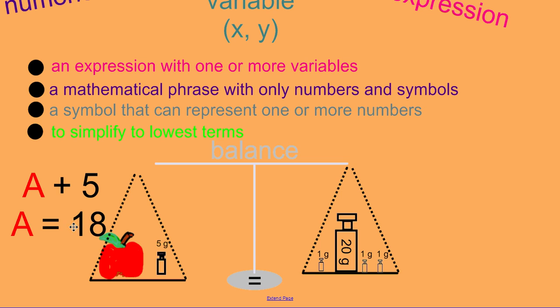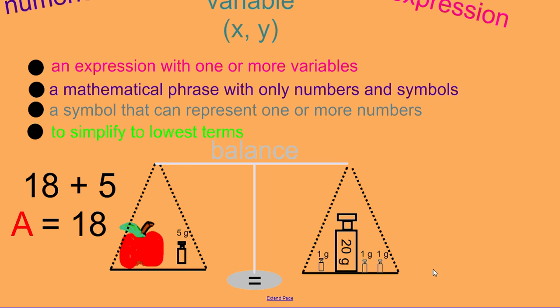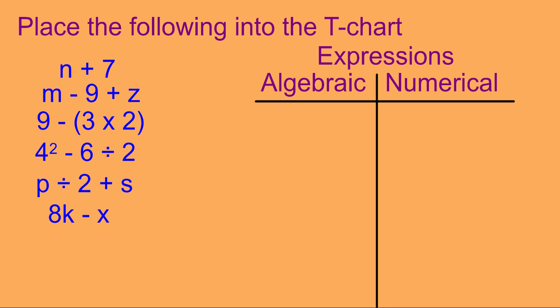We would just replace the A with the value of the apple, which is 18 grams. So in all, we would end up having 23 grams. And you can see in the equation, whenever we actually solve this problem, that over on this side, we have 23 grams. Okay, let's move on to look at some more expressions without the equal sign.